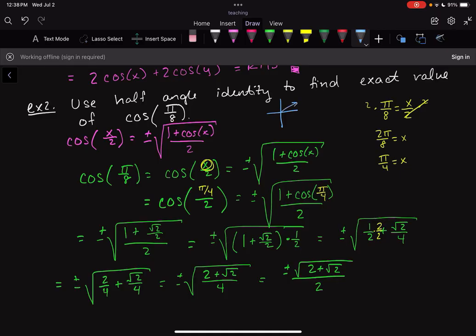So it's going to end up in quadrant 1. And cosine is positive in quadrant 1. So that's why this becomes a positive root of 2 plus root 2, all over 2. And that is going to be my final answer for this one.